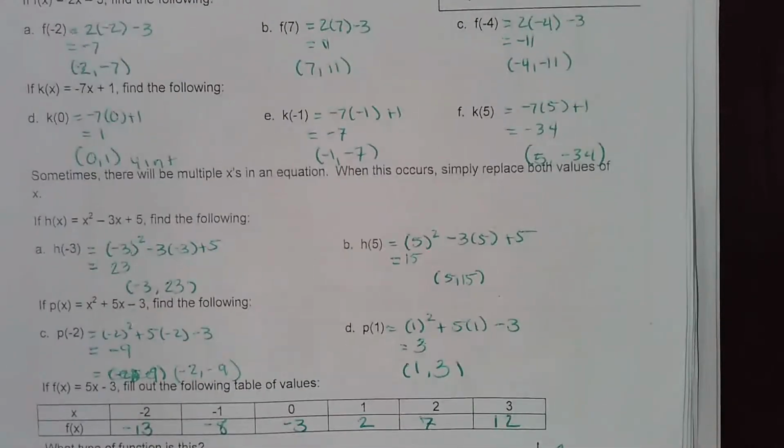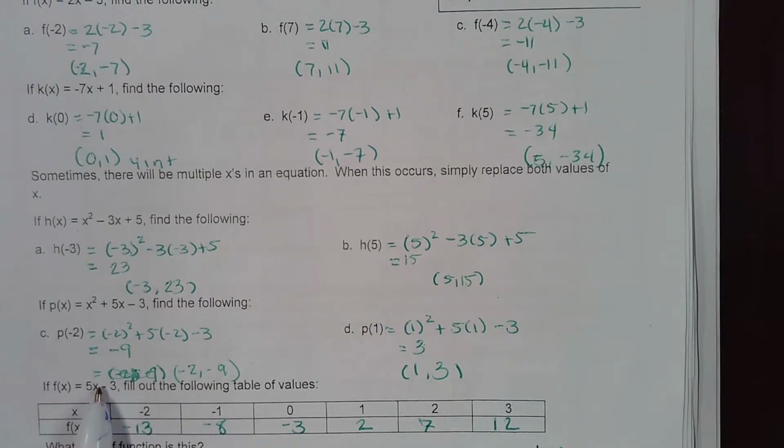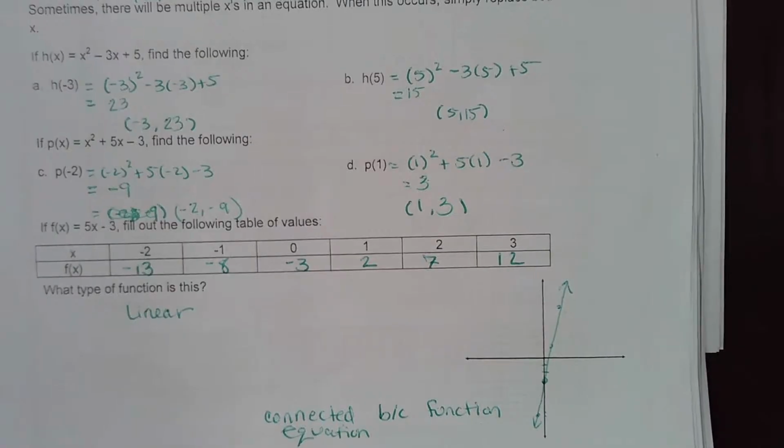Did you get your table right for the last part? When you graphed it, did you fill in as many points as possible? Did you ask yourself, do I connect or do I not connect? I have an equation. I connect. Challenge yourself. Can you identify your domain and your range here?